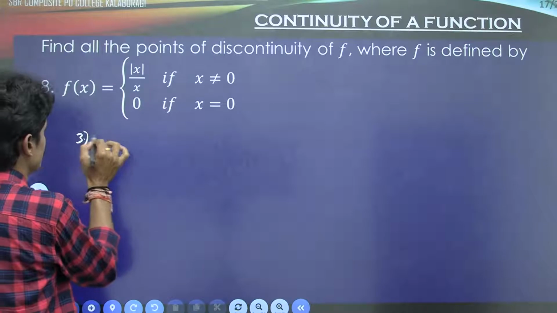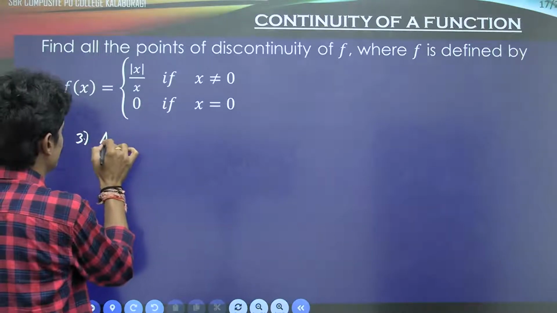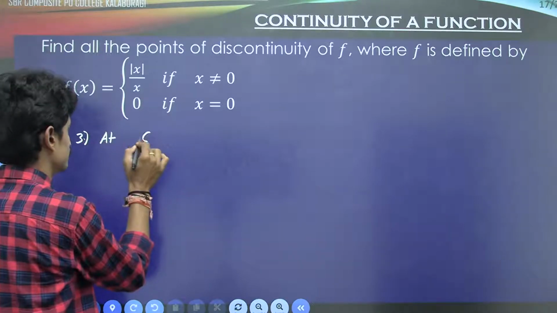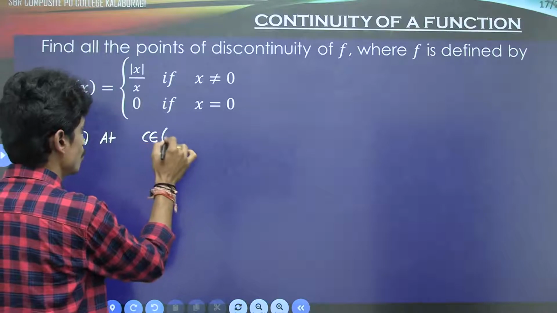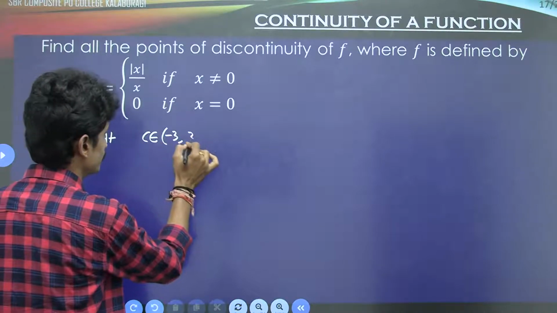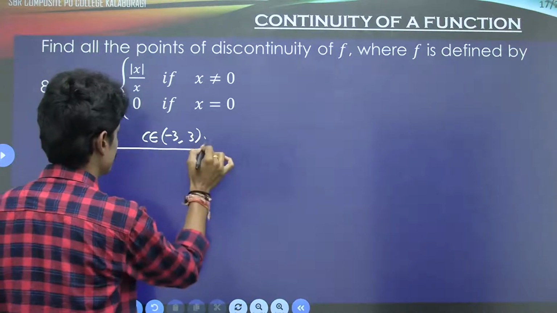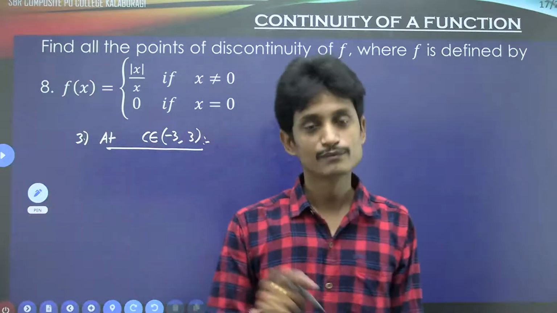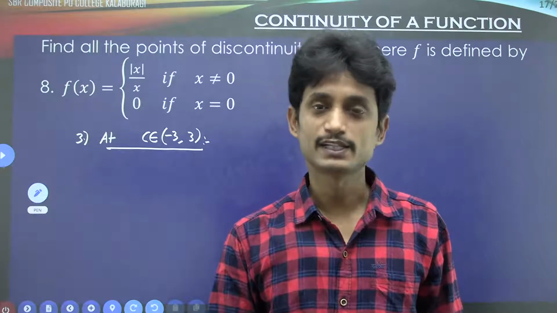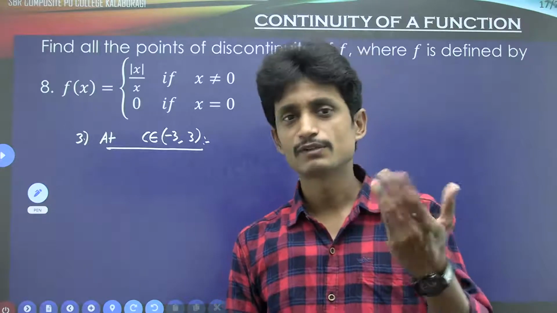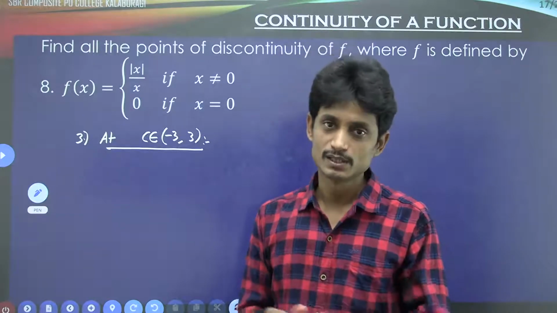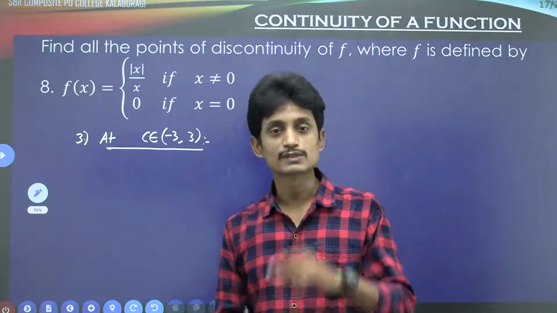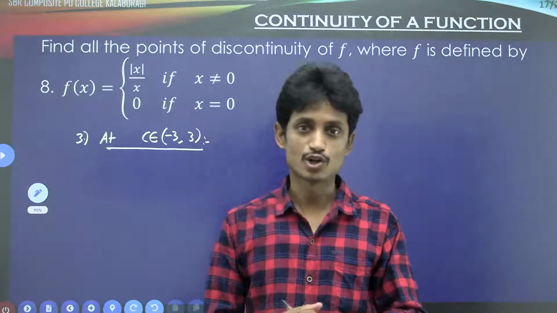Here I can write: case number 3, at c belongs to the open interval minus 3 to plus 3. In this case, I am going to choose any one arbitrary value from the interval minus 3 to plus 3. If you substitute it in that function, whether you will get the value or not.